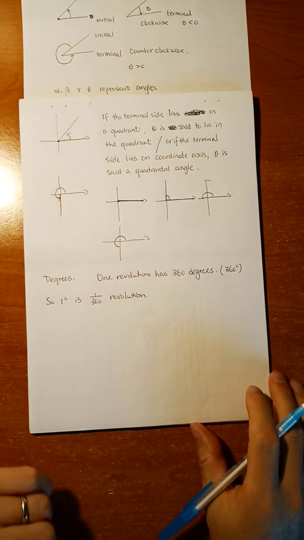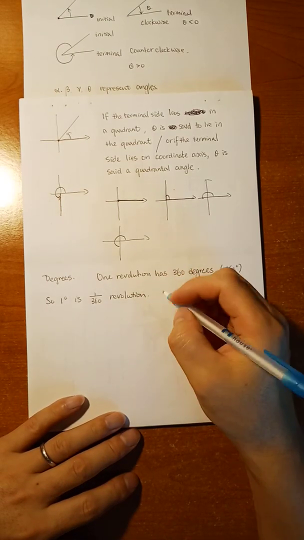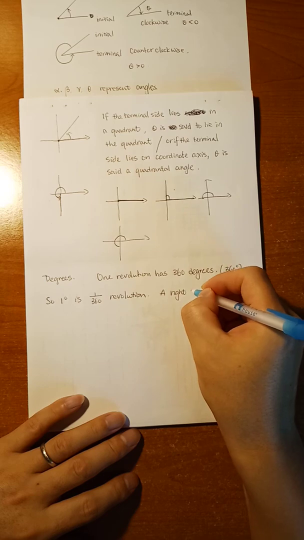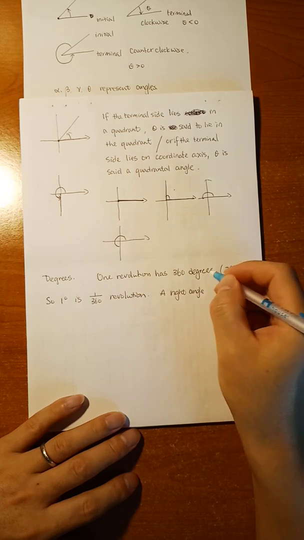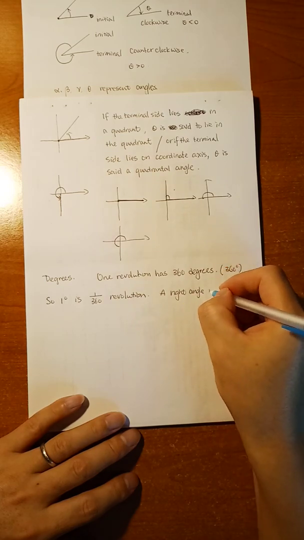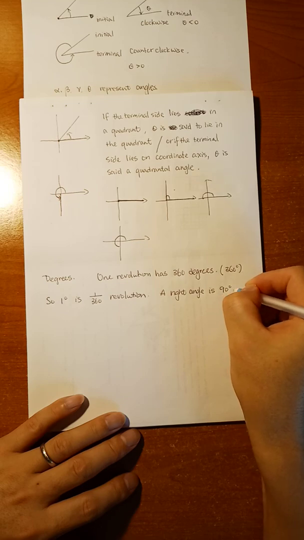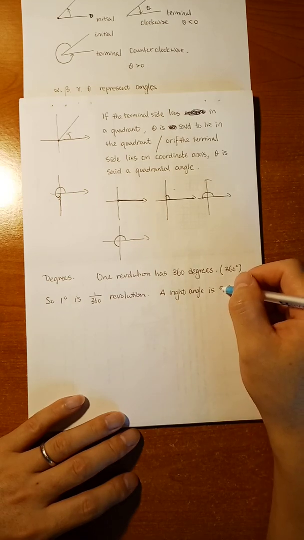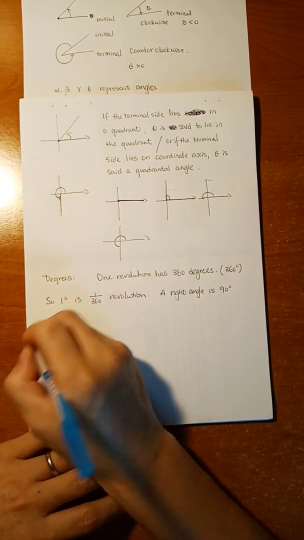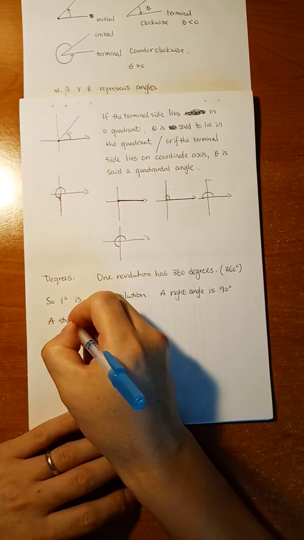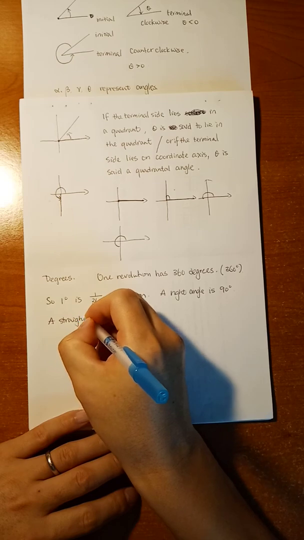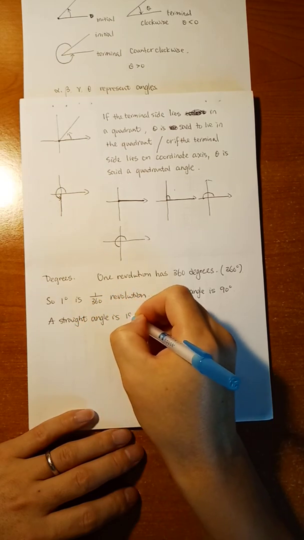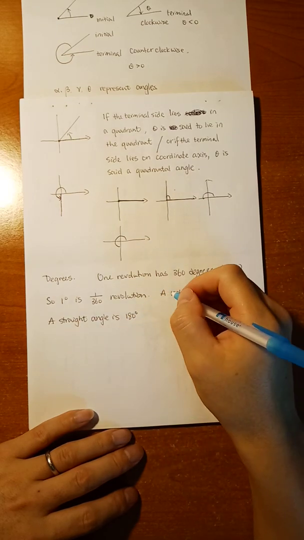Then we have a right angle. A right angle is 90 degrees, a quarter revolution. A straight angle is 180 degrees.